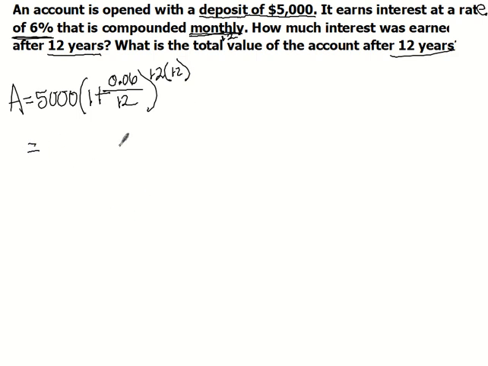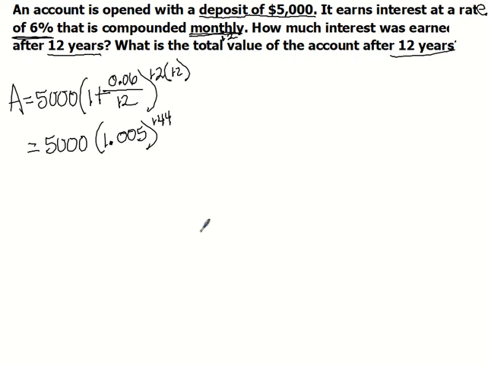All right, so I'm going to clean this up a little bit. So it's going to become 5,000 times 1.005. That's this put together. And then 12 times 12 is 144.